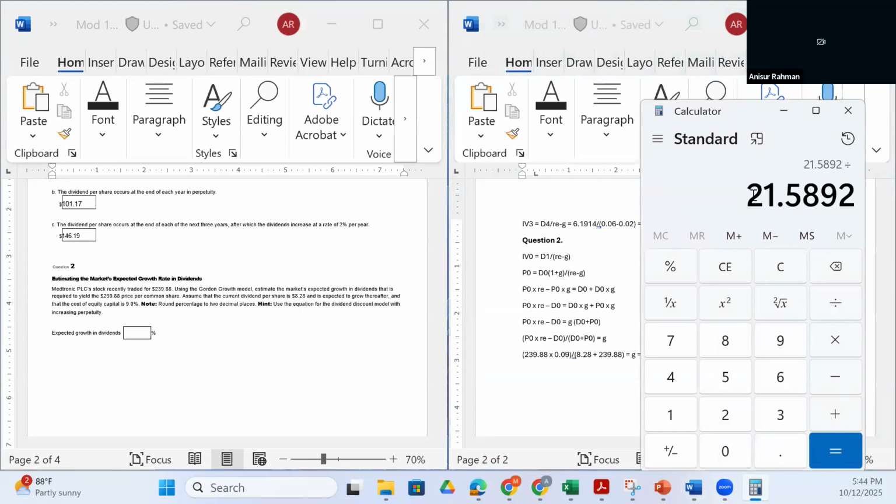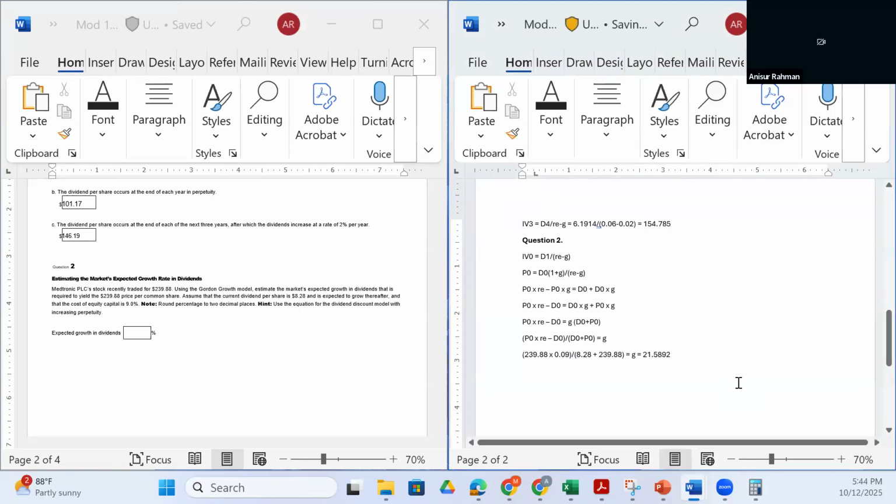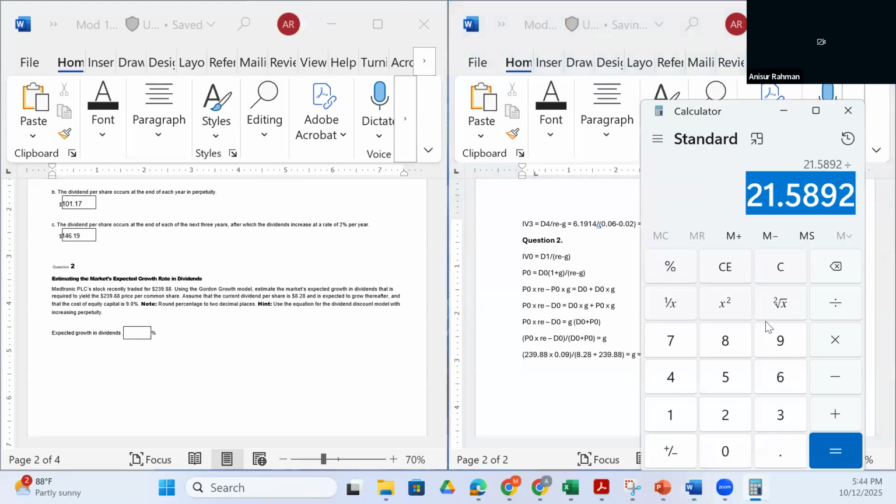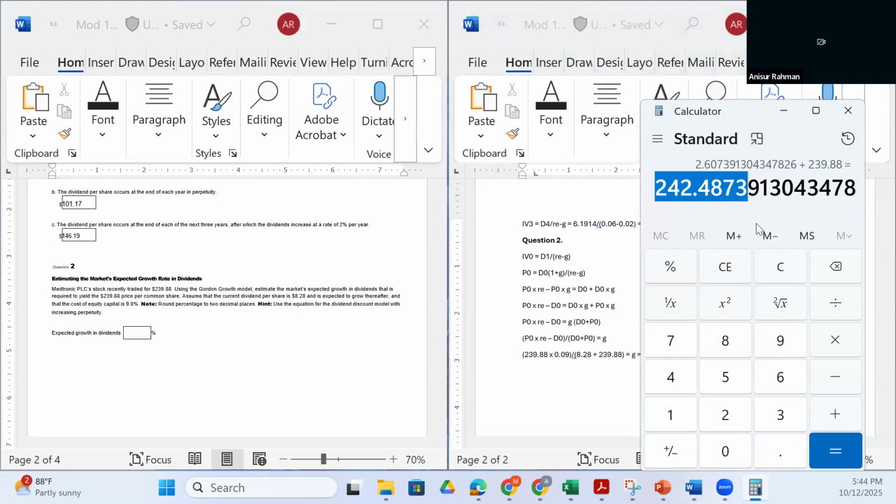Let me copy this number first. I'll use, let's say, up to this. So we have to round.